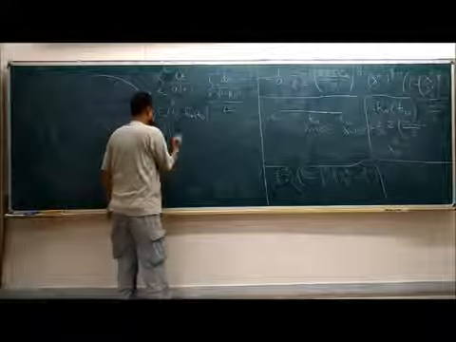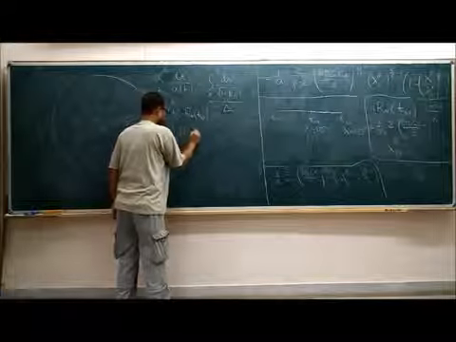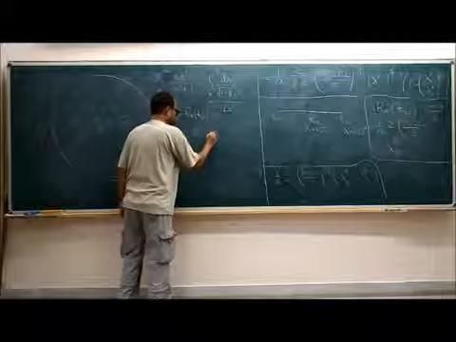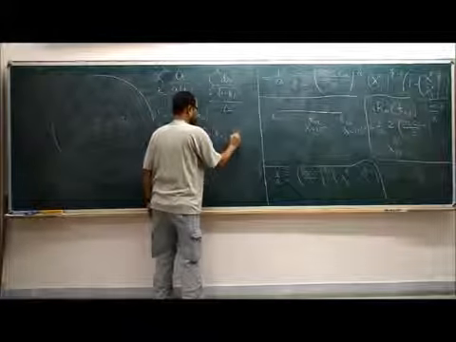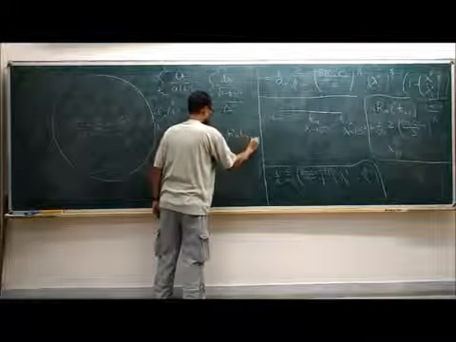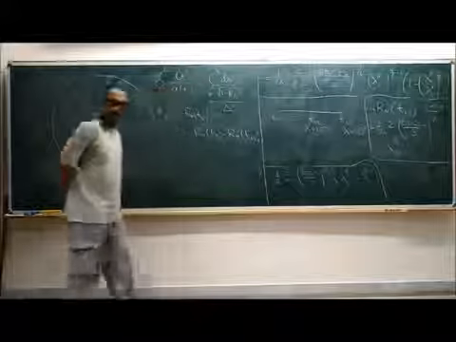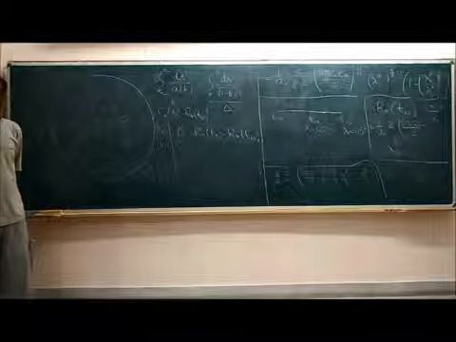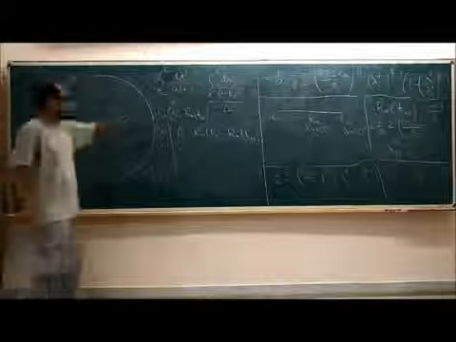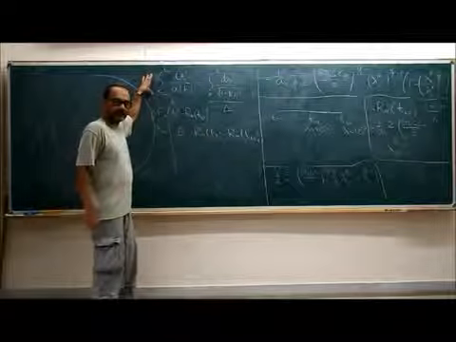So you conclude that delta is RH of T naught minus RH of T_LS. This was the definition of RH of T. Okay.